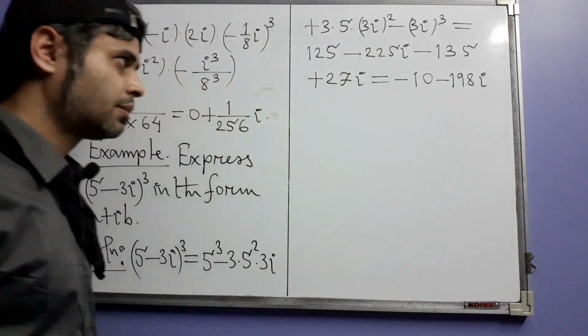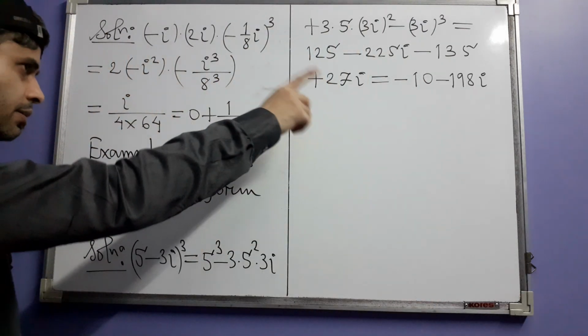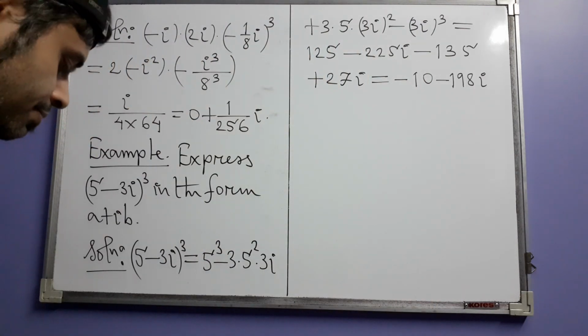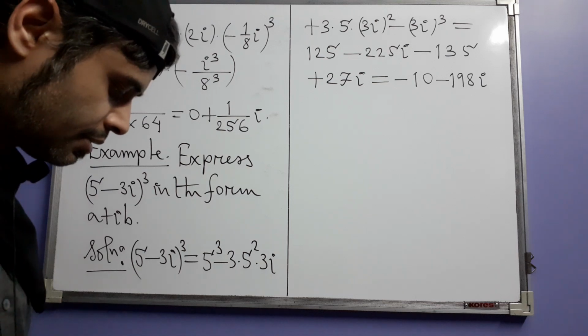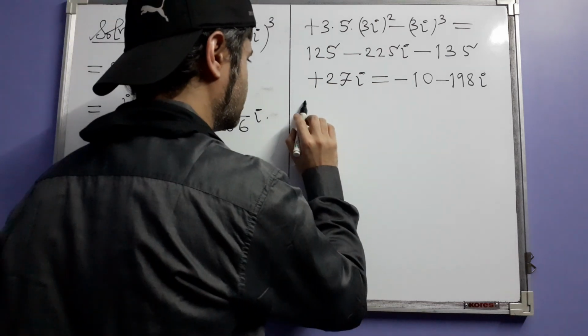So this is our complex number in a plus ib form. Let us see another one.